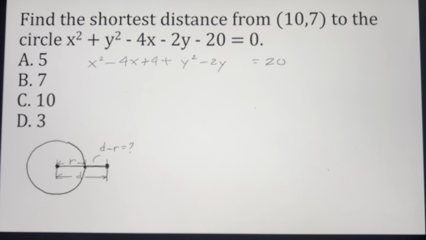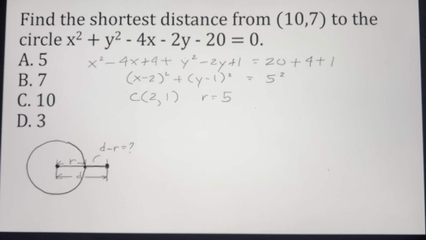Negative 2 divided by 2 is negative 1 squared, that's positive 1. Since we added 4 and 1 on the left side, we should also add 4 and 1 on the right side. And this will become (x minus 2) squared plus (y minus 1) squared is equal to 25 or 5 squared. Meaning the center is (2, 1) and the radius is 5.